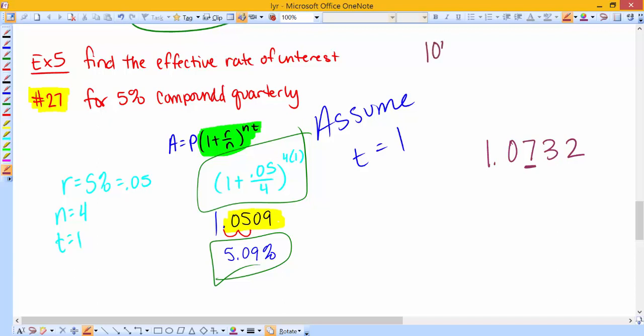If I started with 1,000 and I ended with $1,272.31, what was my actual interest rate to go from 1,000 to 1,272? And I get that from looking at the 7.32% instead of 7%. So as your money increases, your interest rate goes up. So that's a good thing.